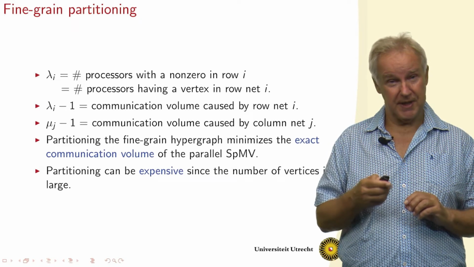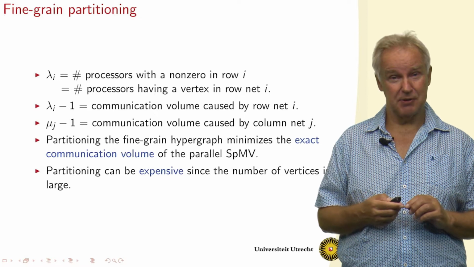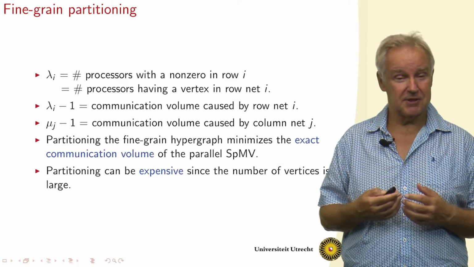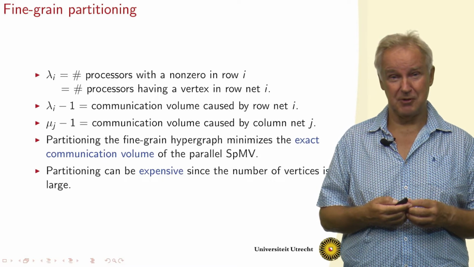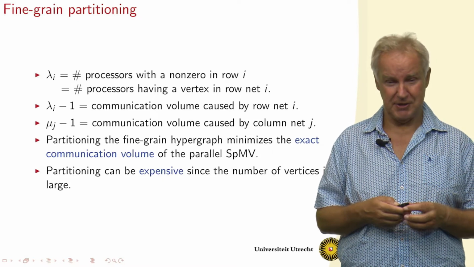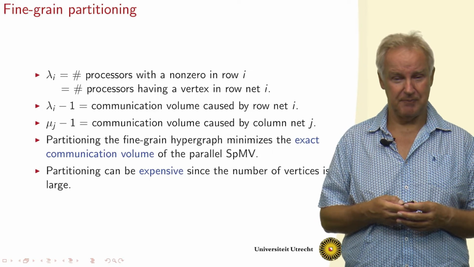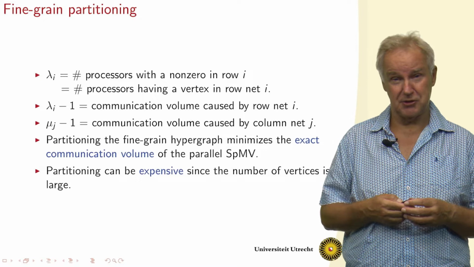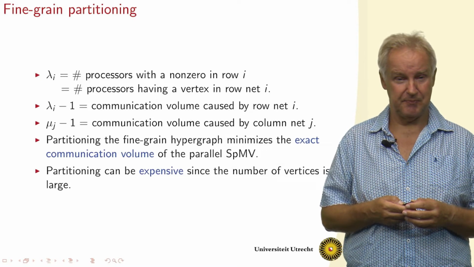So when we partition this hypergraph using some partitioner, then that models exactly the communication volume of the parallel sparse matrix vector multiplication. Partitioning for the fine-grained model is expensive because there are so many vertices.